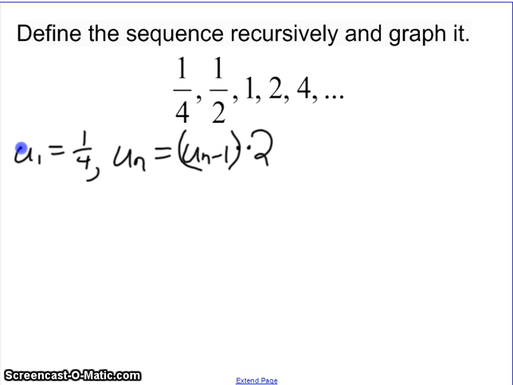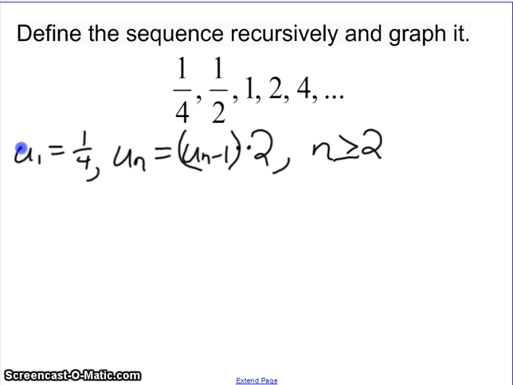U sub n minus 1 again means the term that comes before u sub n. Step 3 is to state the domain. So I'm going to put a comma. In other words, which term numbers can you use this function for? You almost always say, almost always, n is greater than or equal to 2. And why is that?